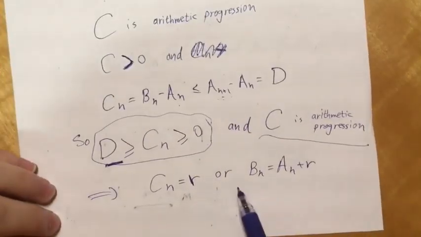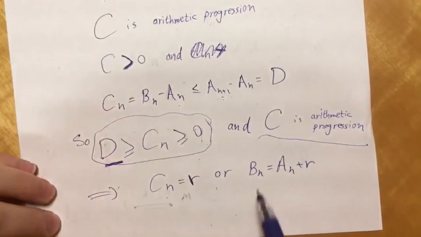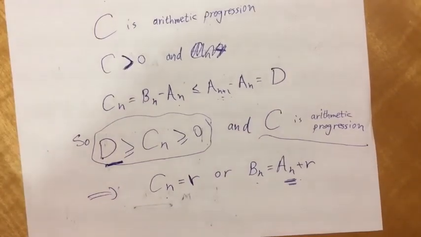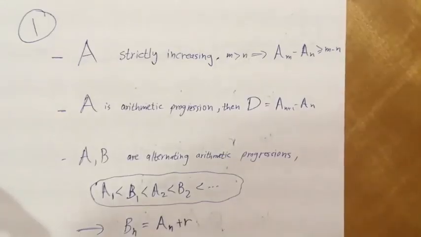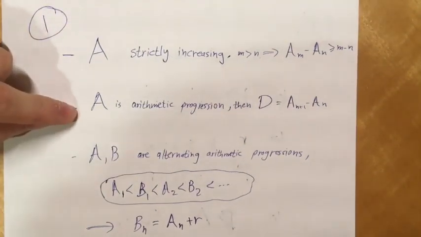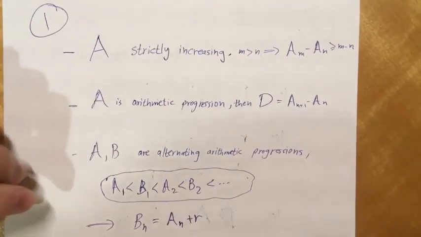Or equivalently, since Cn is Bn minus An, you get Bn is just a shift of An. And that's the other way to see the conclusion. Okay, so this marks the end of the last part of this proof, which essentially is understanding strictly increasing sequences, arithmetic progressions as well as alternating progressions.